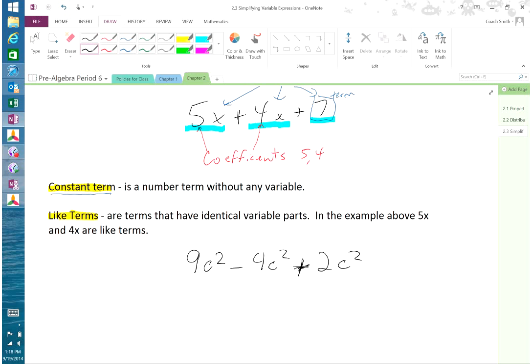So when you simplify it, it can end up with more than 1 term, it can end up with just 1 term or 1 constant. So these are all terms. This is term 1, term 2, term 3. Here, 9, 4, and 2 are your coefficients.